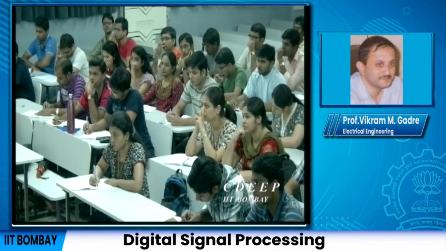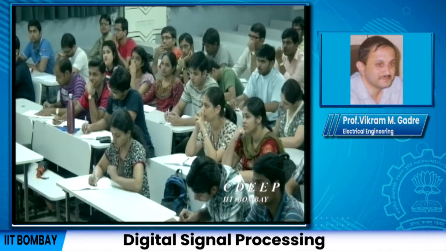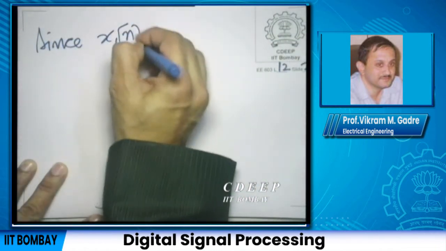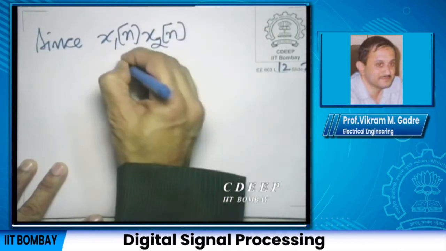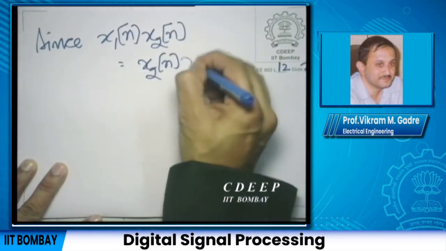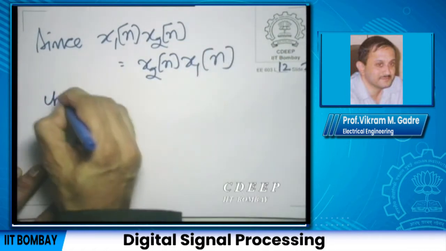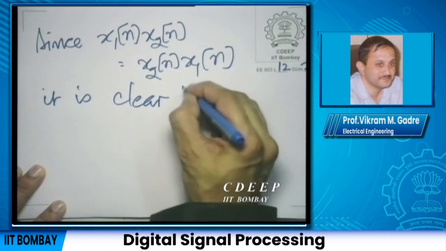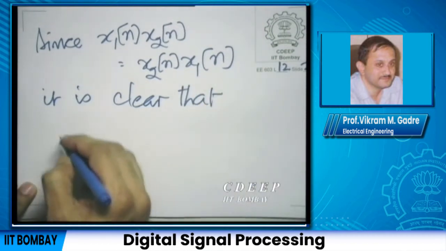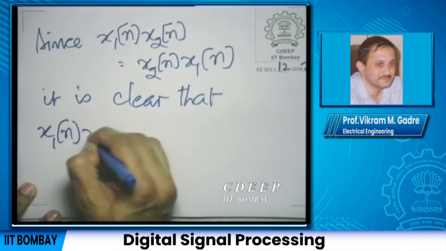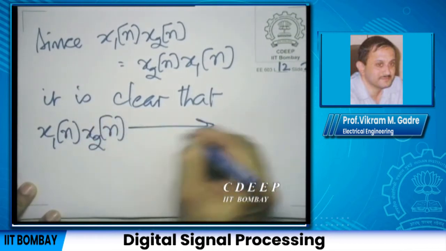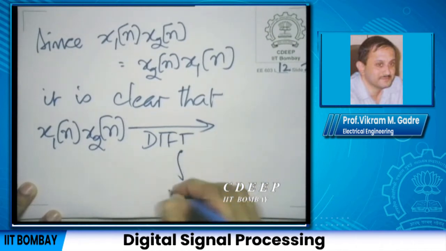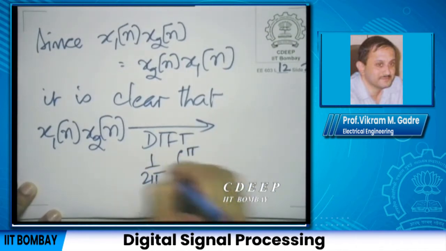I must here emphasize that this is commutative. So, of course, x1[n] x2[n] is the same as x2[n] x1[n], that is obvious. It is clear that x1[n] x2[n] also has the DTFT integral from minus pi to pi 1 by 2 pi X2(lambda) X1(omega minus lambda) d lambda.